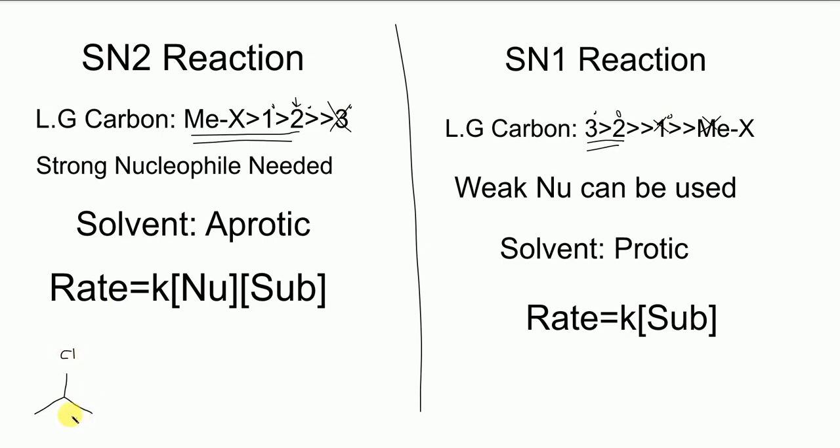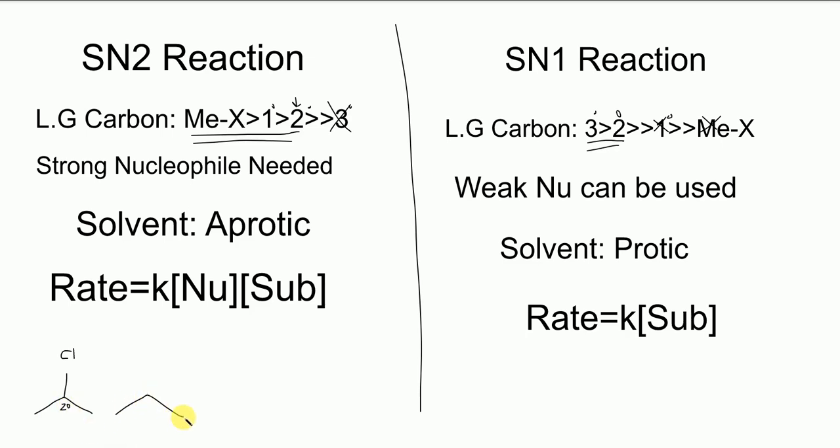The first thing I have to do is to characterize the degree of this carbon. The degree of the carbon is described by how many other carbons it's attached to. This carbon is directly attached to this carbon over here and this carbon over here, so this would be a secondary carbon.